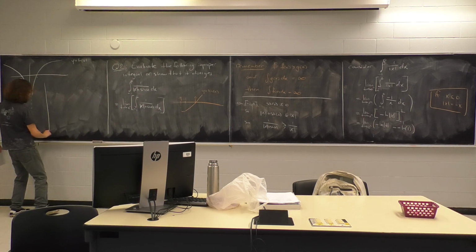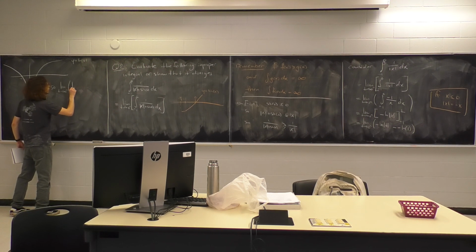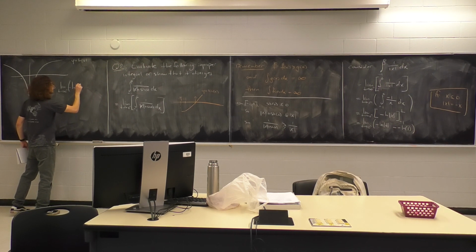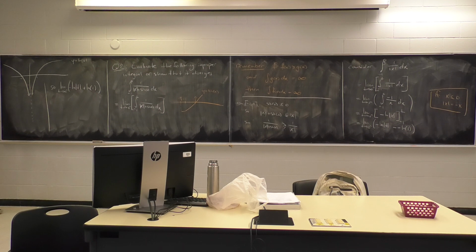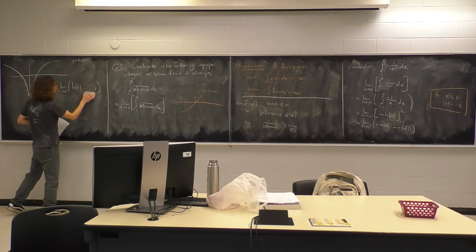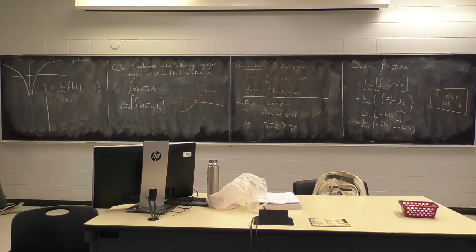So, the limit of t tending to 0 of minus ln of the absolute value of t plus ln of 1. By the way, what's ln of 1? 0. Very good. This limit is infinity. Or we say it diverges to infinity.